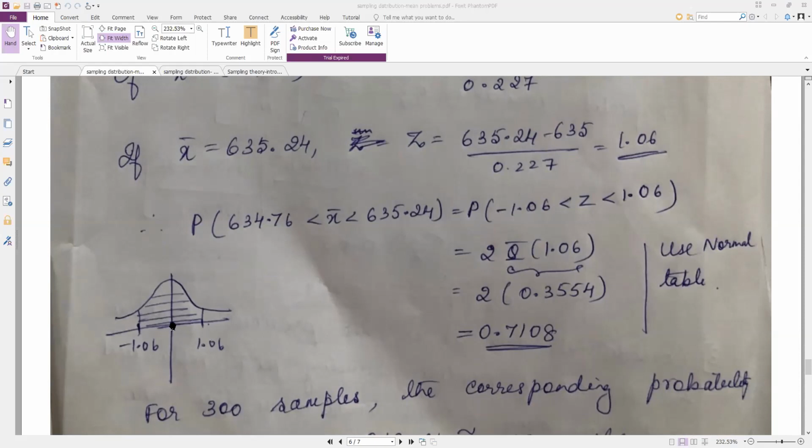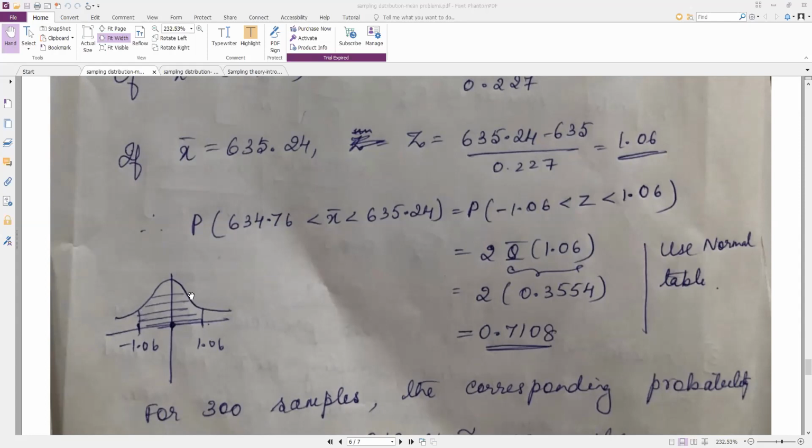Here we need to write 0 to 1.06, which means phi of 1.06. And here also 0 to 1.06, on the left hand side of the graph. Due to symmetry, this part of the area is the same as this part.